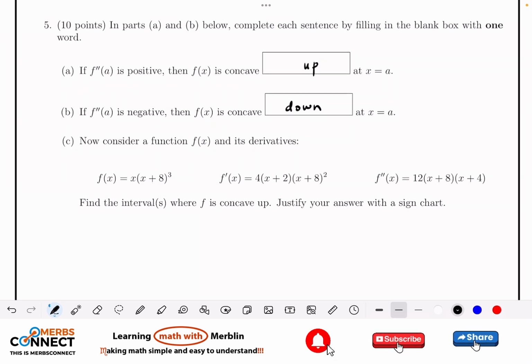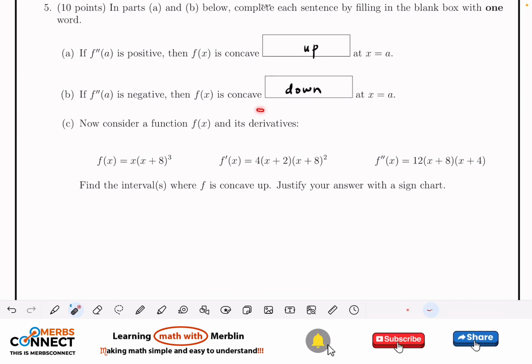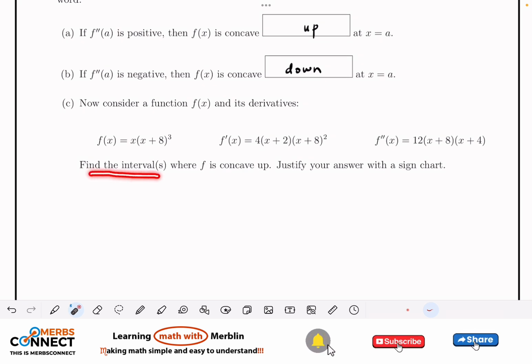So you just need to know C. Now consider the function and its derivative. So we have the function and its derivatives here. Now find the intervals where f is concave up. Justify your answer with the sign chart. Good. With concave up that we are looking at here, this should even give you the clue.